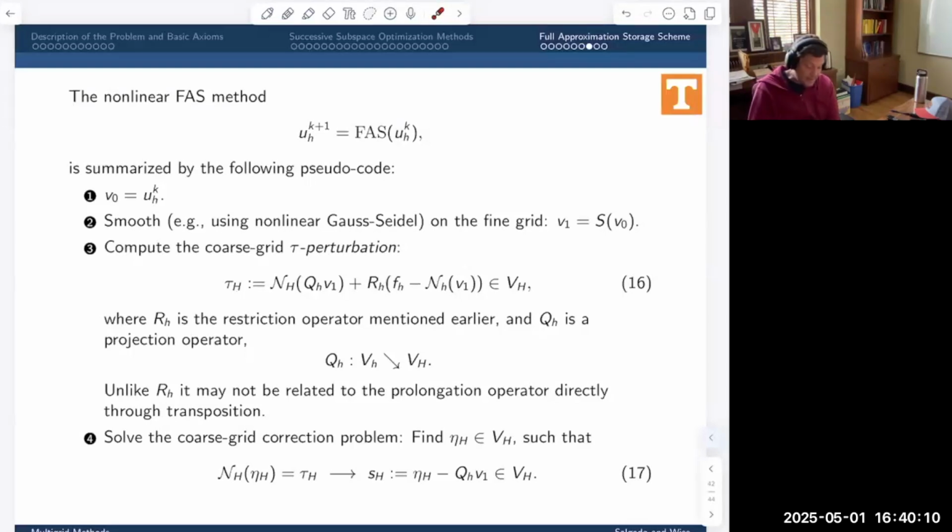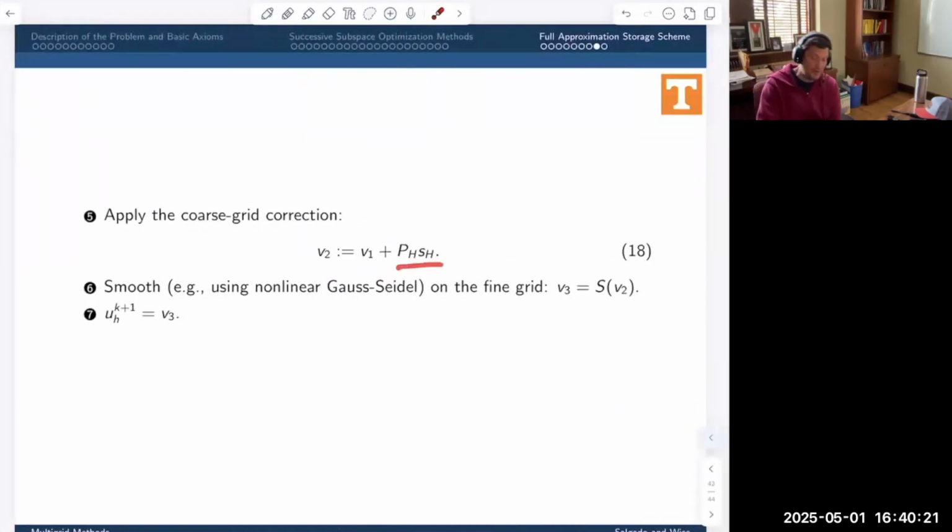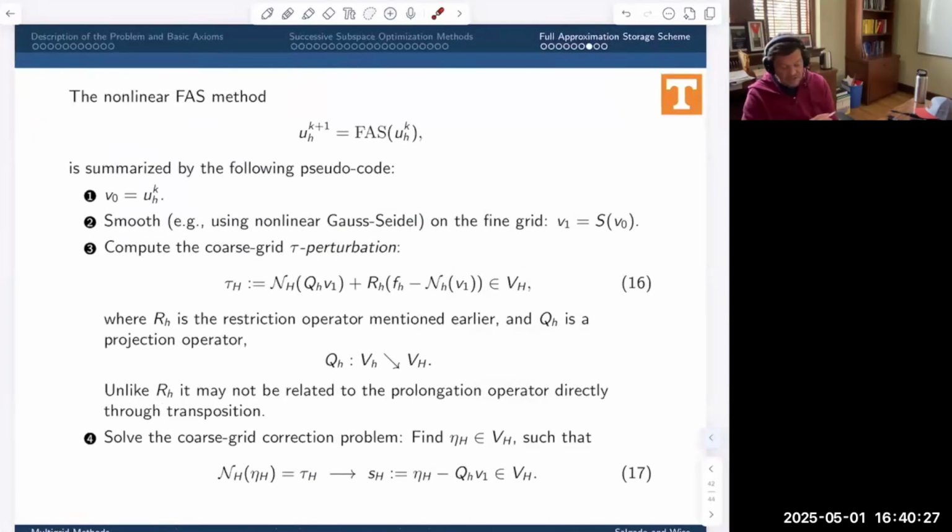In fact, this SH that I'm going to calculate from doing this little manipulation here is going to be exactly the same as the linear two-grid correction. And this coarse grid correction that I compute here is exactly the same. In other words, when I do this whole process, if everything in sight is linear, then FAS becomes the linear two-grid method.